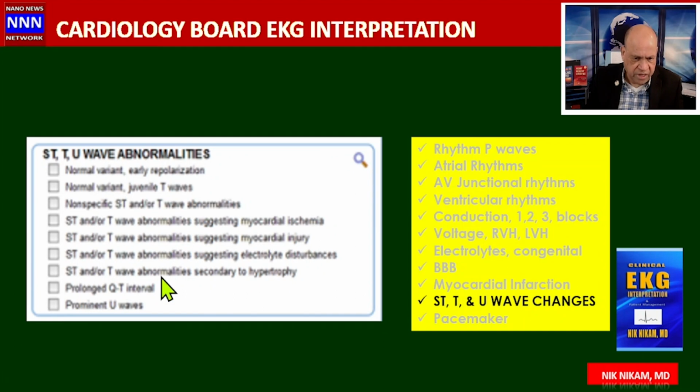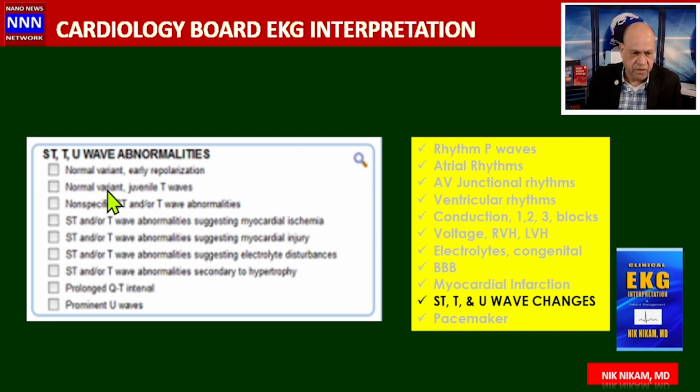Then we have STT abnormalities secondary to hypertrophy. Left ventricular hypertrophy with strain. So you should be very familiar with the changes that are associated in patients with hypertension or aortic stenosis. Then we talk about prominent U waves. If you get familiar with these, it's not very difficult, because it's just a matter of systematically analyzing these electrocardiograms and trying to see which category they come under.